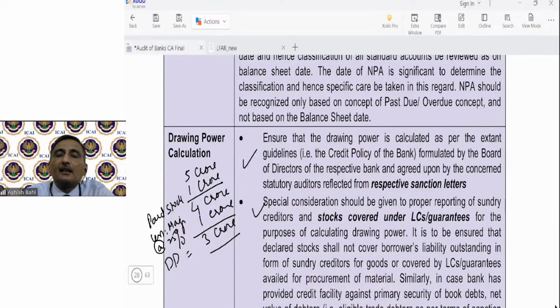So these points would have to be verified, that book debts consist only of figures which genuinely represent debts of the borrower.